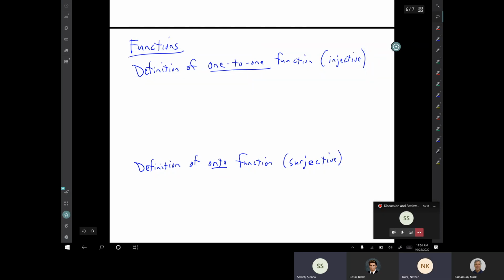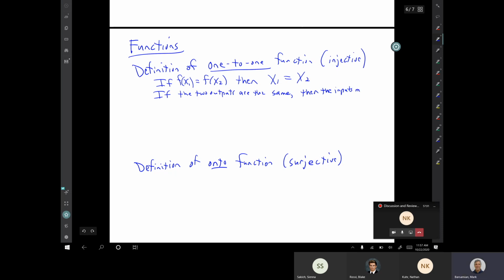For one-to-one, if f of x1 is equal to f of x2, then x1 equals x2. Fantastic. Great. And what's an equivalent way? So this is, if the two outputs are the same, then the inputs must have been the same. Now, what's an equivalent statement?